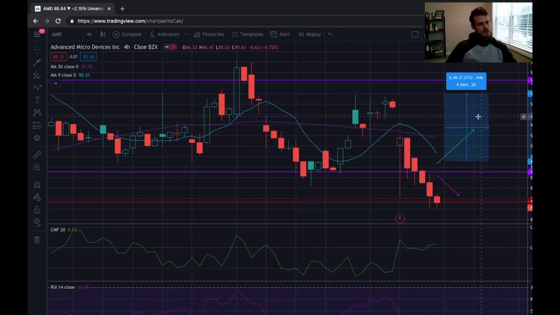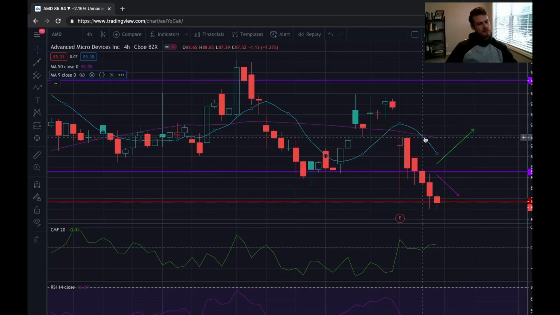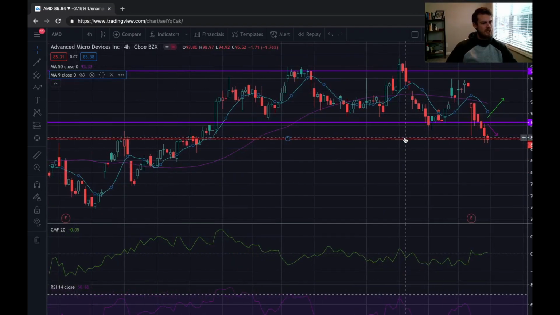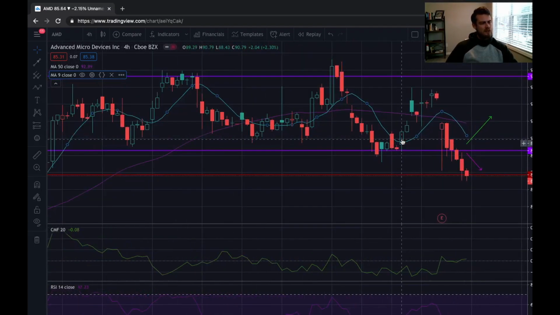Probably long-term, it may be smarter to wait for the confirmation above the short-term moving average and then find a setup that has an overall higher percentage gain potential, so to speak, rather than decreasing your chances and just waiting for it to close above this support right here.